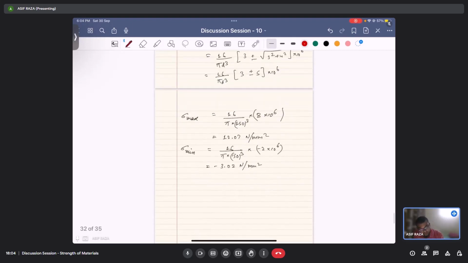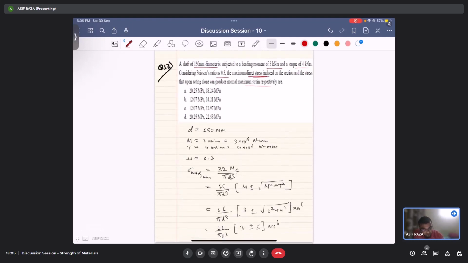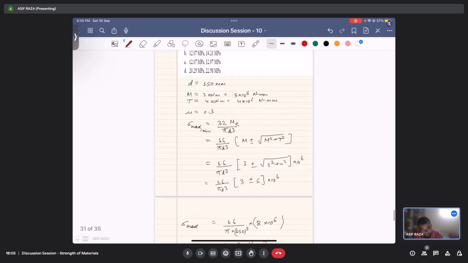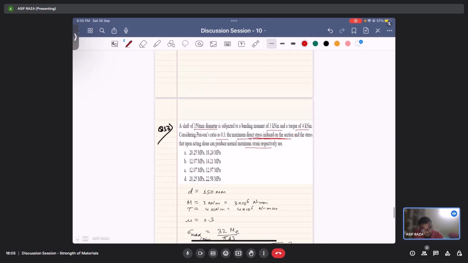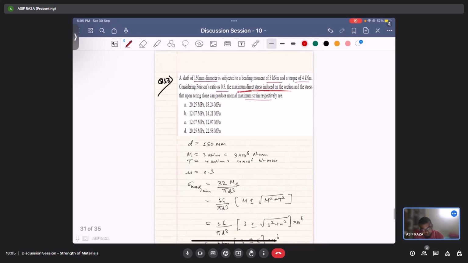Now the first part, the maximum direct stress induced on the section, that is equal to this. Now the second part is the stress that, upon acting alone, can produce the normal maximum strain.